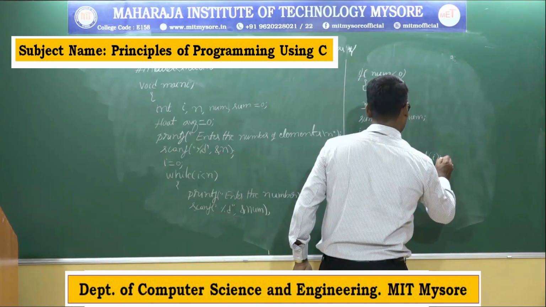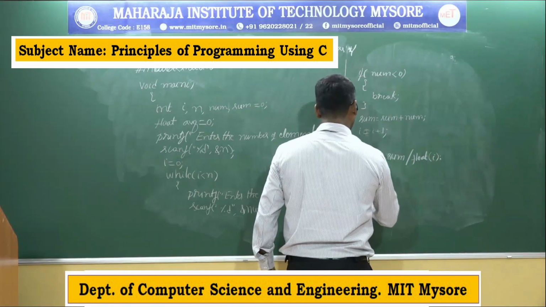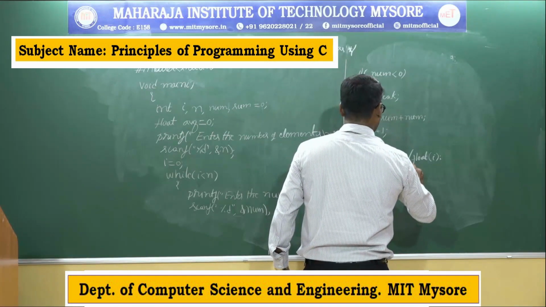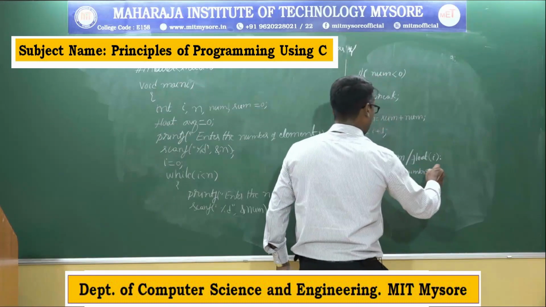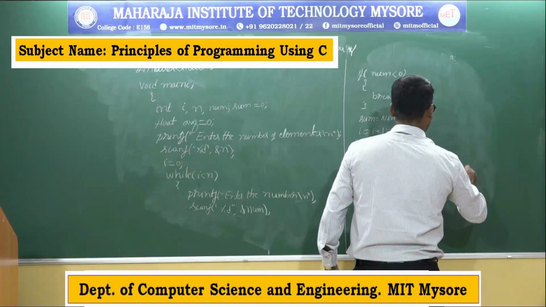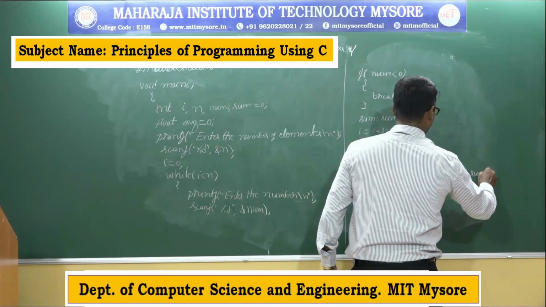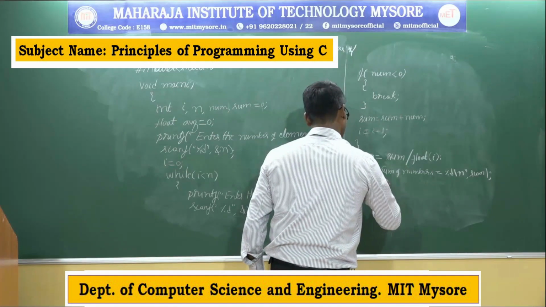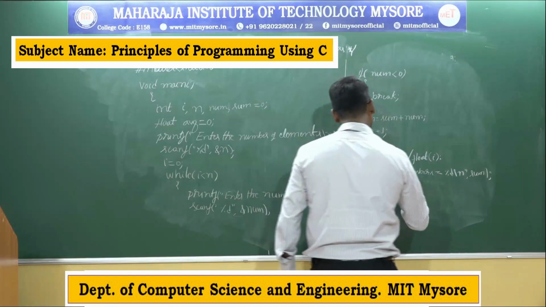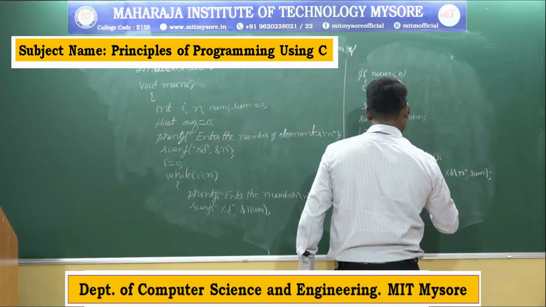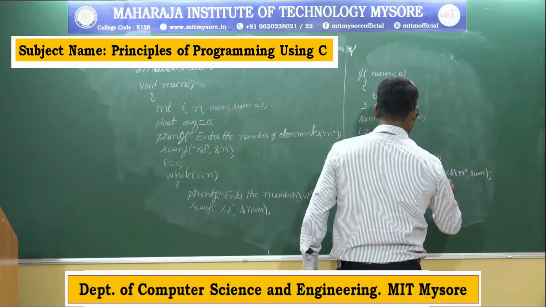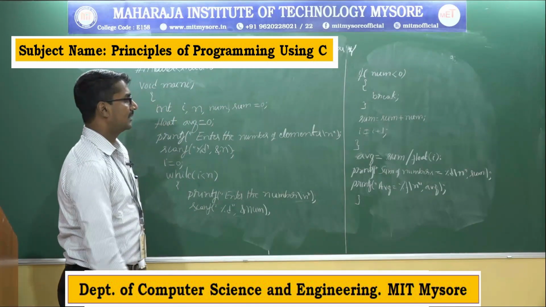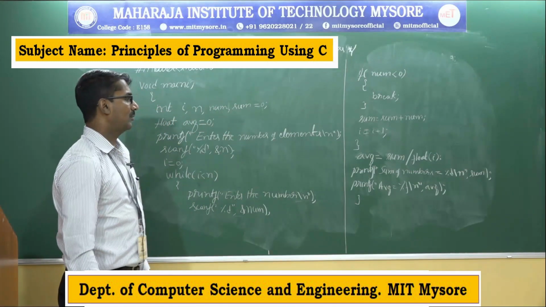Then printf("sum of numbers is equal to %d\n", sum). Then printf("average is equal to %f\n", avg). Okay, this is a program for finding the sum of positive numbers.